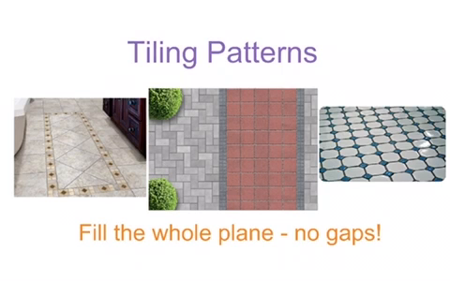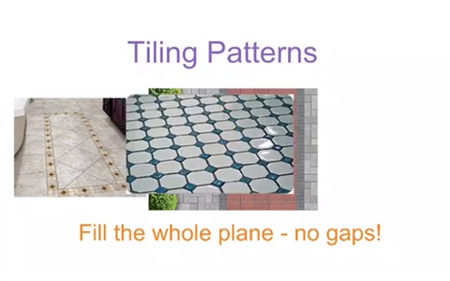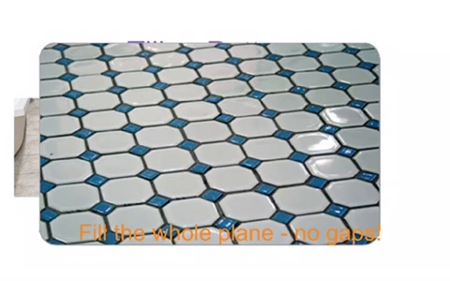So again, if we look at the floor tile pattern, for example, if we had just layered these octagons in a row connecting, this one connects here, this one connects here, we would have this nice pattern of all of these different octagons, but all of the places where these squares are would be gaps. And if there are holes in the pattern, then it cannot be a tiling pattern, okay? Because a tiling pattern fills the whole plane. So that's something that's important for you to remember when you are making your own.